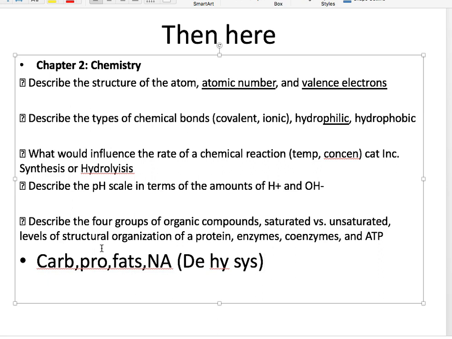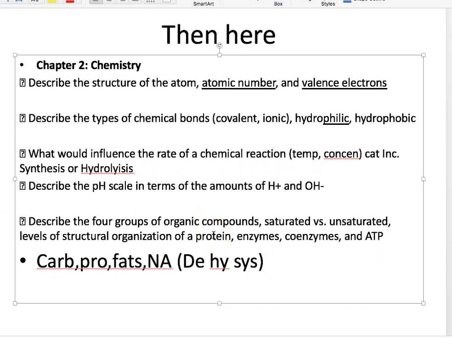And we would use hydrolysis to take them all apart, regardless of which one it is, right? And you need to know what are the basic building blocks of carbohydrates, proteins, fats, and nucleic acids, okay? What are the structural organizations?